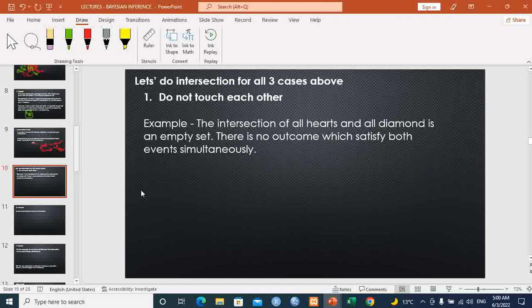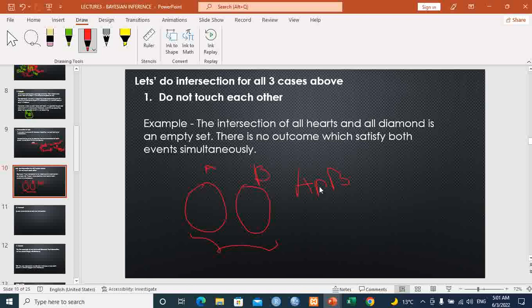When the sets do not touch each other. Our first case is when we have our sets A and B not touching each other. I don't want to use any other term at this stage. In this case, what is A intersection B?